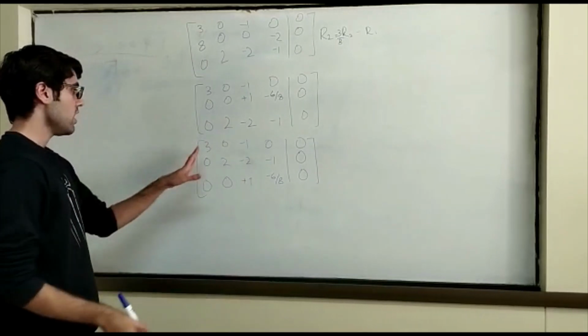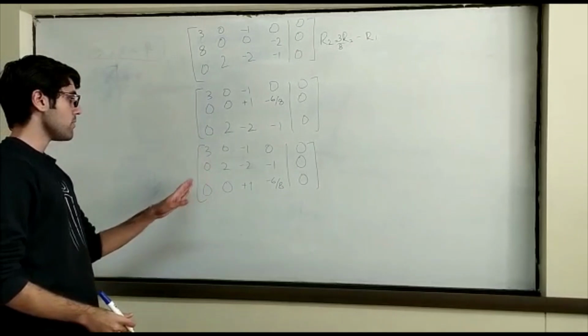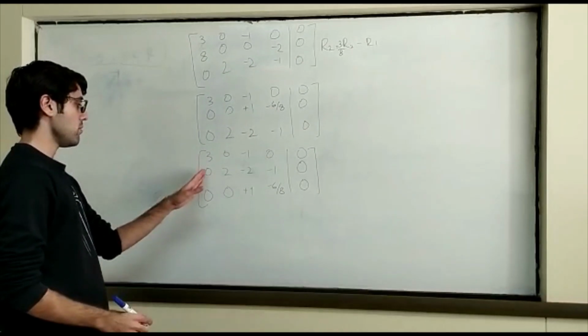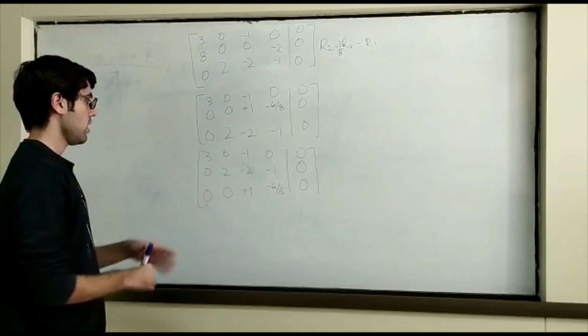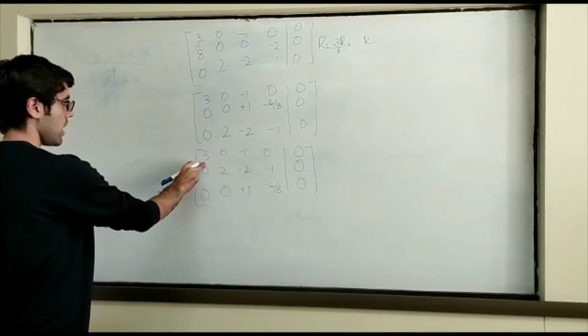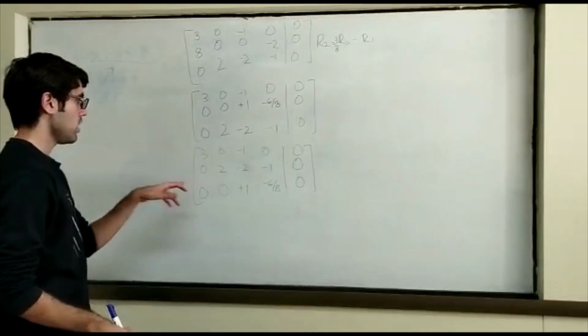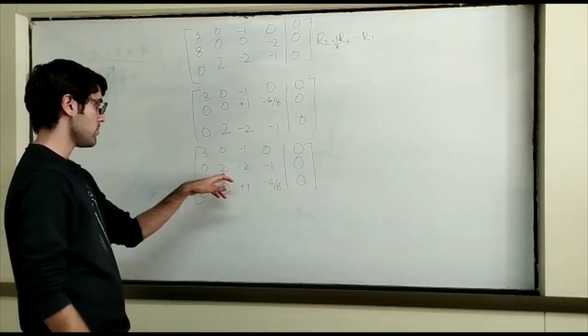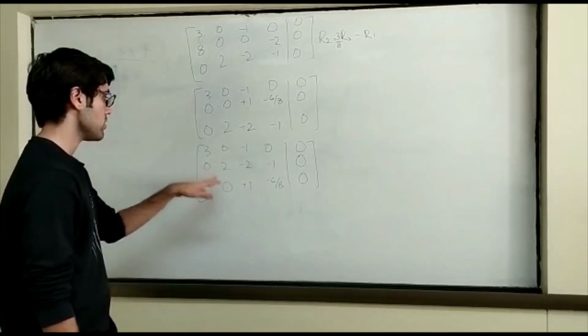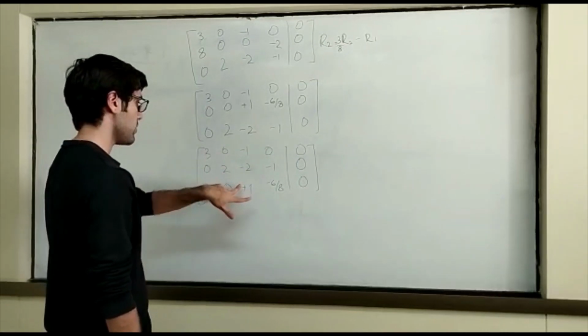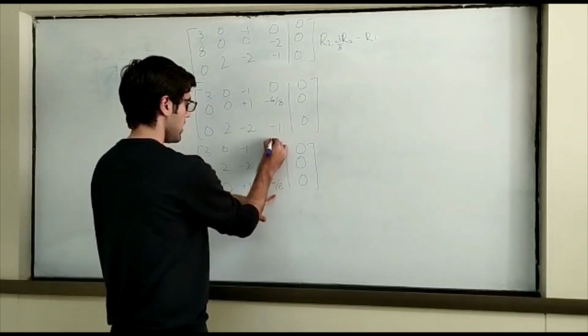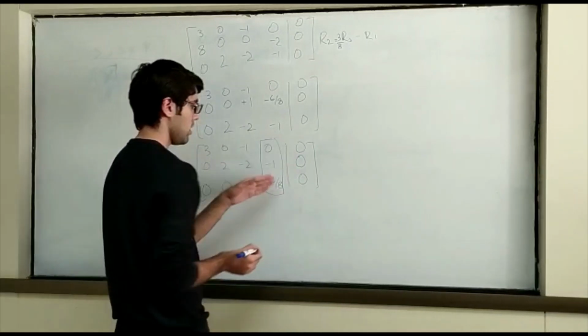Now, as you can see, all the rows have their own pivot columns as well. As you can see, the first element is a non-zero value of the first row. This element is a non-zero value for the second row. So you can see that these three columns are the pivot columns, except for this one, because this does not have a non-zero value.